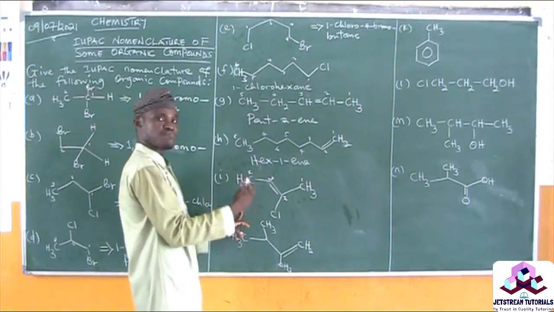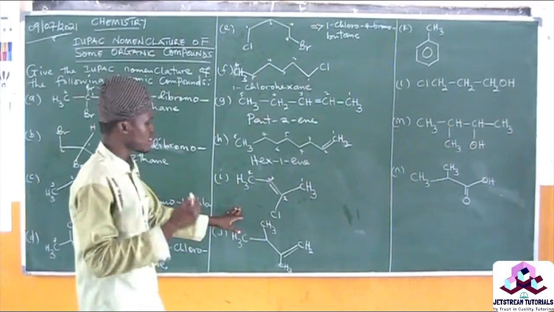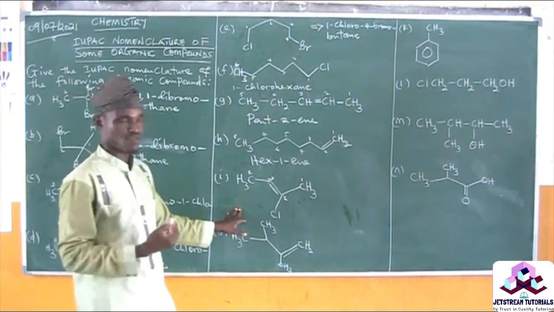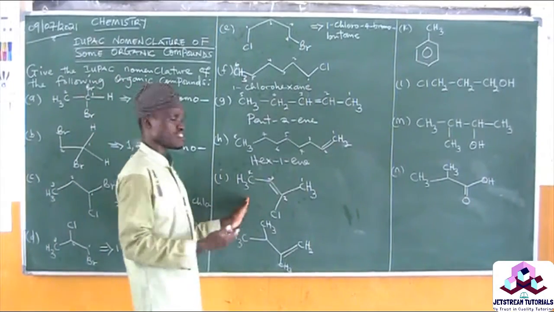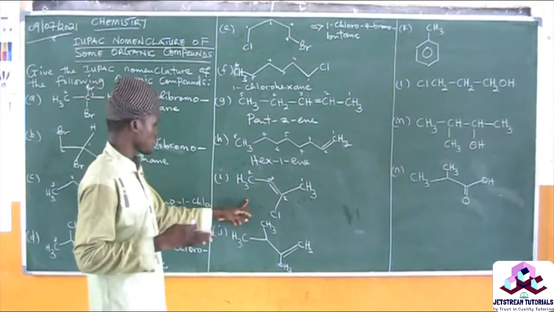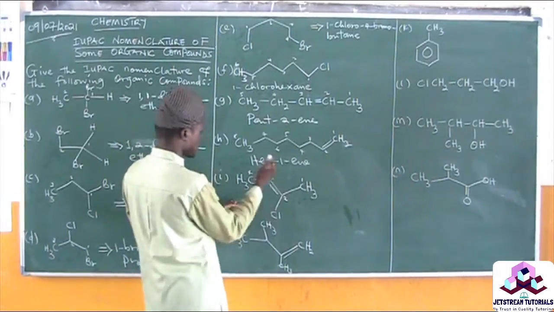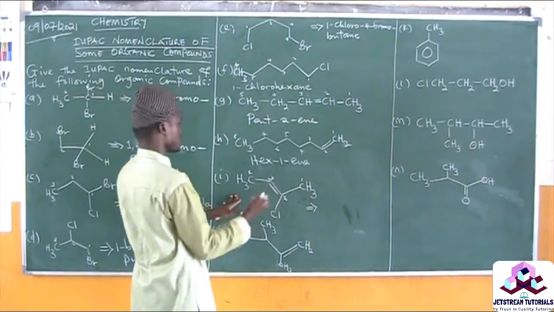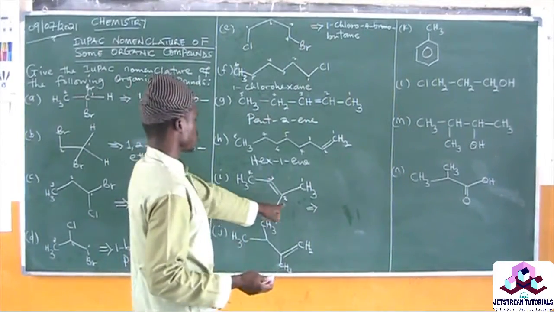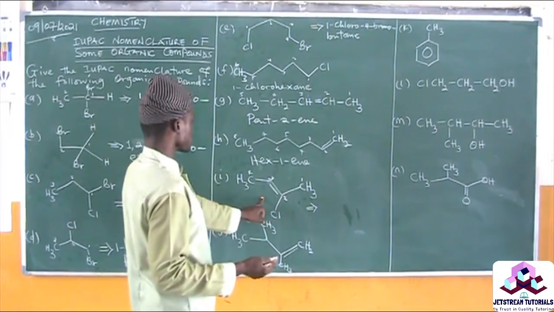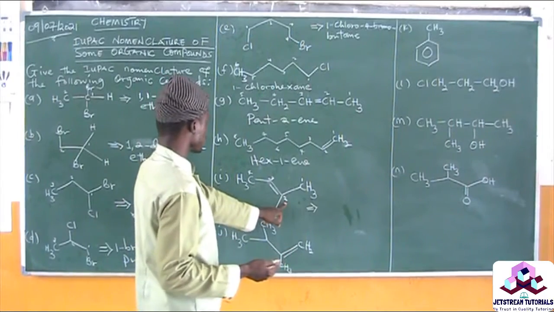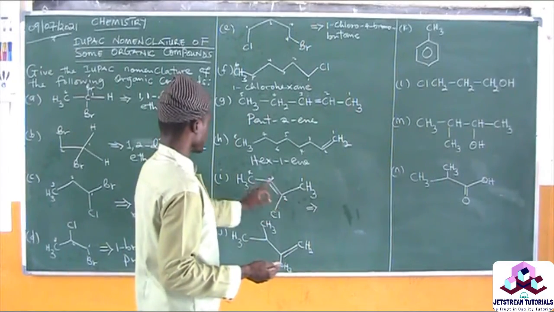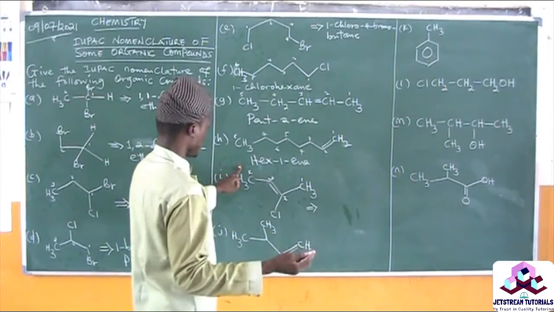So these are the problems many students face when it comes to giving names to organic compounds like this. So you have to take your time. So from this, the name of this compound is 2-chloro but-2-ene.